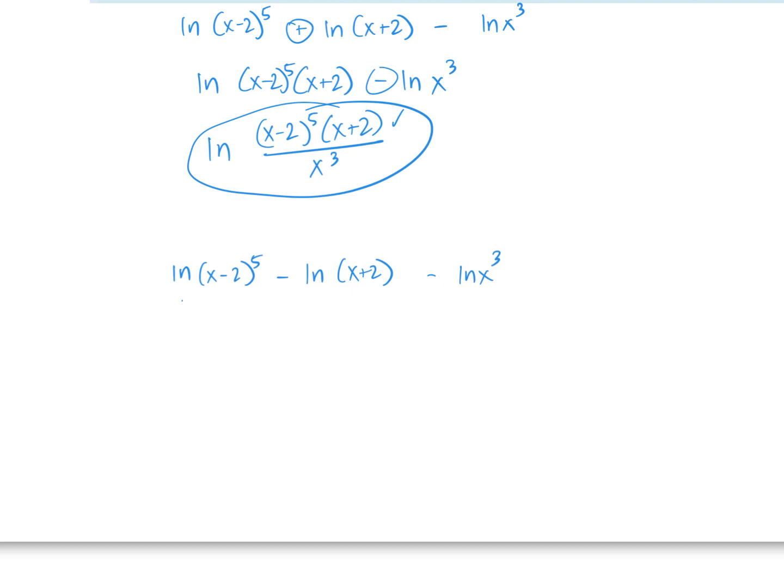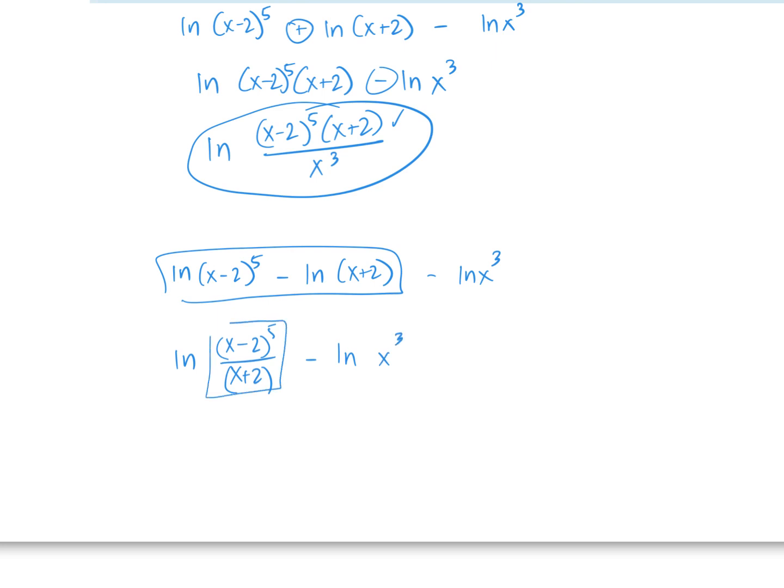And so I would have had to address this division first, I think. I would have done ln of x minus 2 to the 5th, right, over x plus 2, like that. And then it's minus ln of x to the 3rd. So it's really going to be this over this. So it's going to be ln, right, and divided.